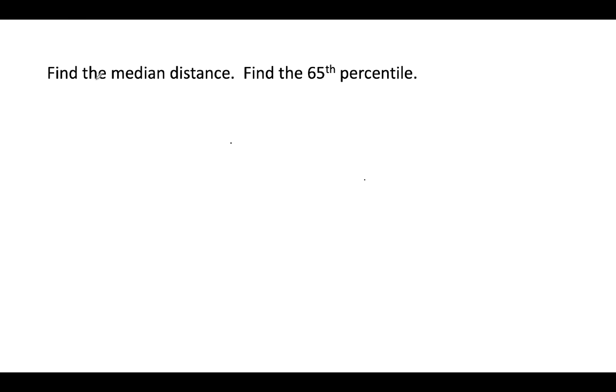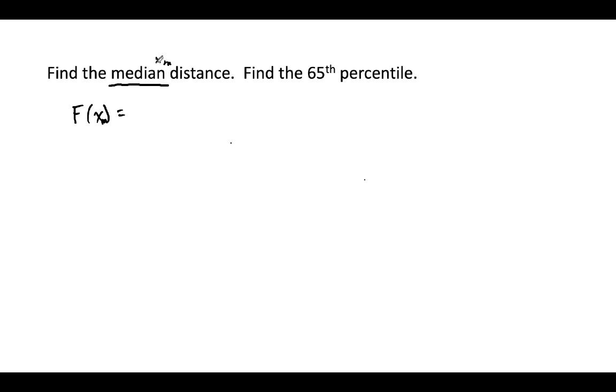Now we want to find the median. The median is basically a new term for this class, but it shouldn't be an unfamiliar term. You should be familiar with it from basic statistics. But for our class, when it comes to cumulative distribution functions, let's put a little m here, so the median I'll refer to as x sub m.